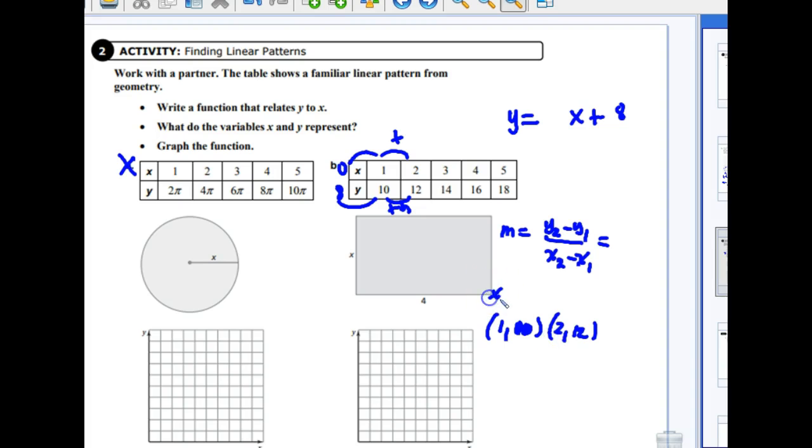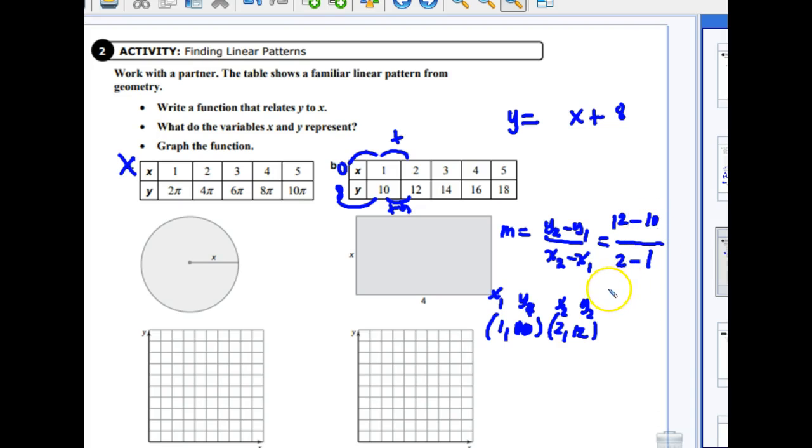I'm going to label them. A lot of you guys are getting lazy and not labeling, and I'm telling you, getting lazy is only going to cause problems for you later because you're going to label them incorrectly. y2 is 12, y1 is 10, x2 is 2, x1 is 1.